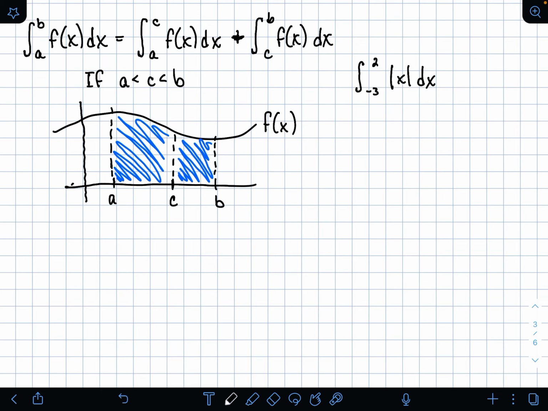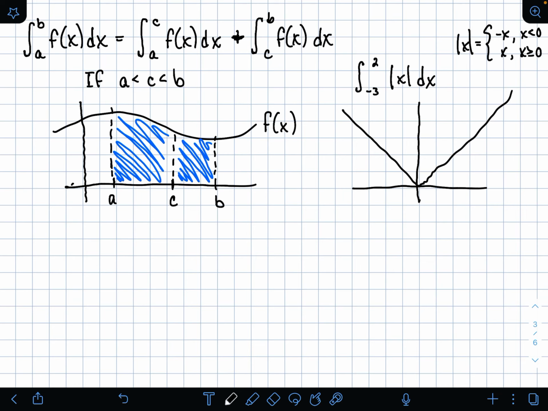The absolute value function is a line with a slope of -1 on the left, and a line with a slope of +1 on the right. So what we get here is a naturally occurring split, because the function has that corner point, the transition point where it switches from one definition to the other.